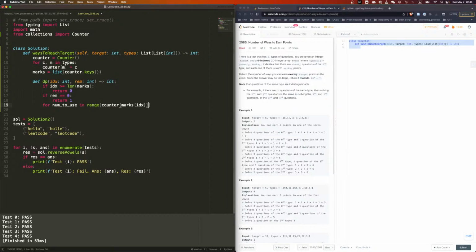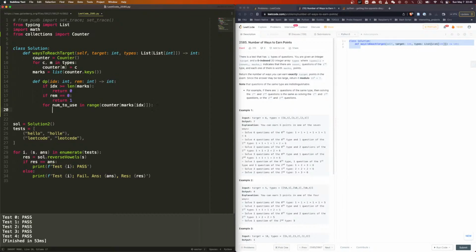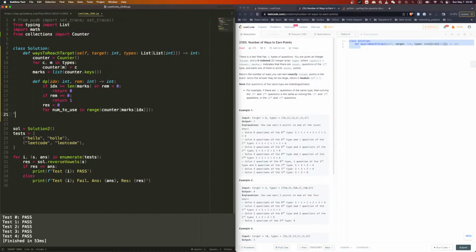For this counter, I take a 0, take a 1, take a 2, doesn't really matter. And if remaining is smaller than 0, that's all bad. Res will equal 0. I say I have this much to use, I only use this much. Now we'll go to the next one, dp index plus 1, with remaining minus num to use times marks index.